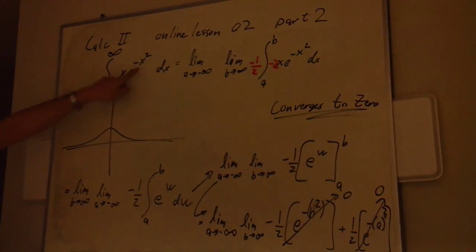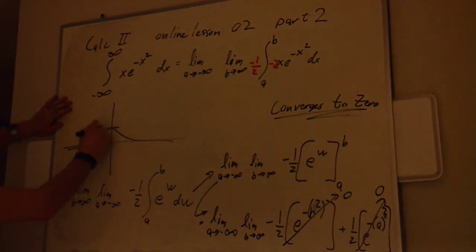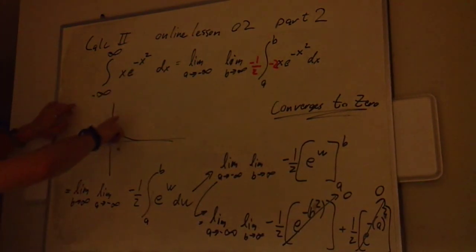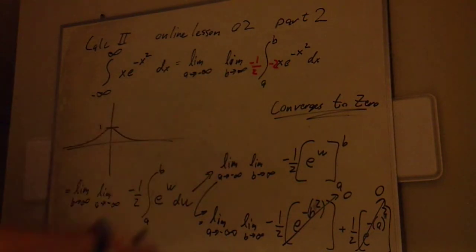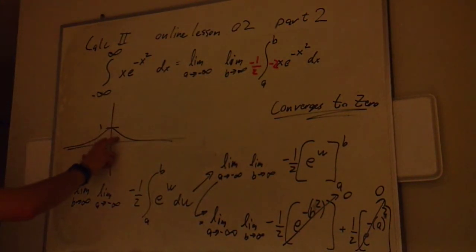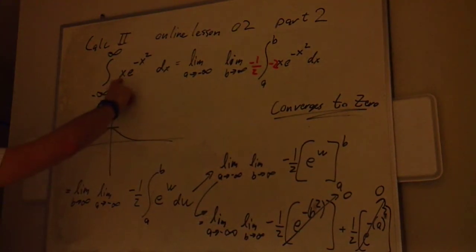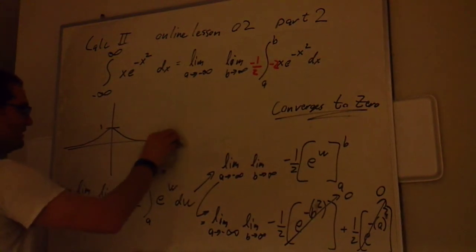The biggest point it ever gets to is when x is 0, the tallest point it gets to is 1 here. As x increases, negative x squared will get big, and the e to the negative exponent is just going to 0 out in both directions. This is the function I was trying to integrate. I knew that it wouldn't be integrable without an x here by substitution, so I needed that x there.